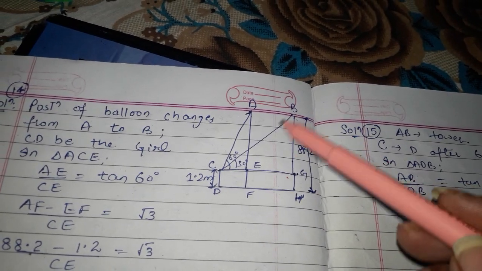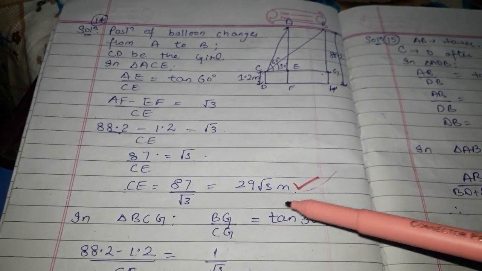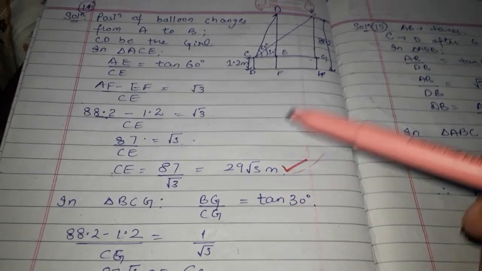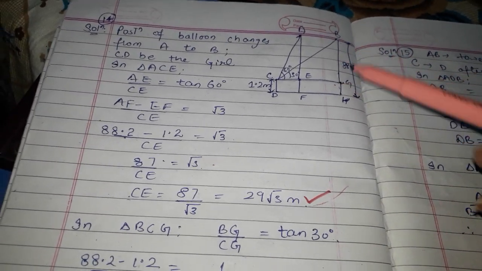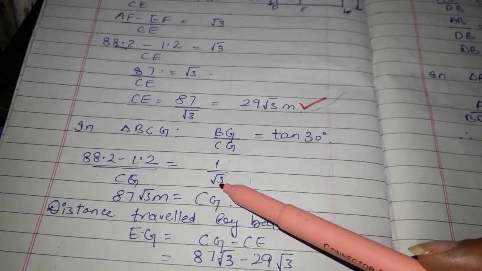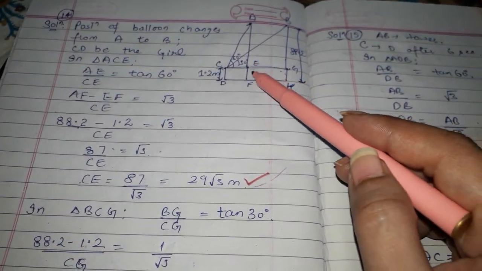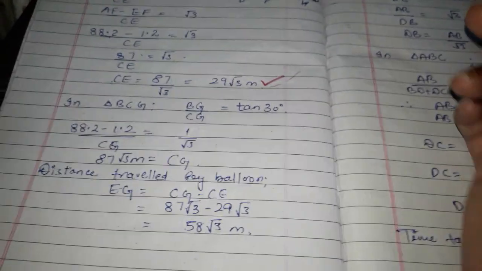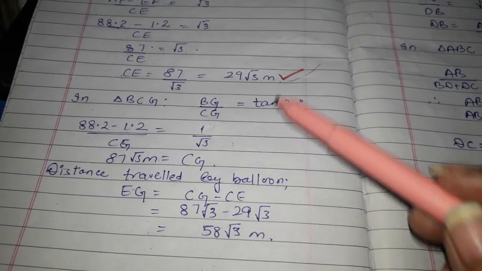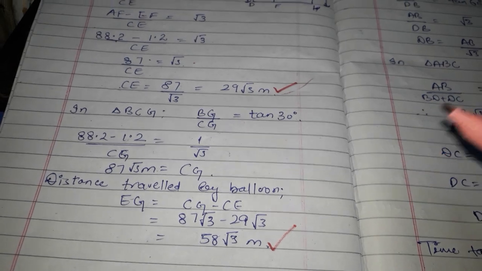In triangle BCG, BG upon CG is equal to tan 30 degree. BG is similarly BH minus GH, that will be 87, so CG will be 87 root 3 meter. Now the distance travelled by the balloon is EG. EG can be written as CG minus CE. CG is 87 root 3 minus CE which is 29 root 3. So it will be 58 root 3 meter.